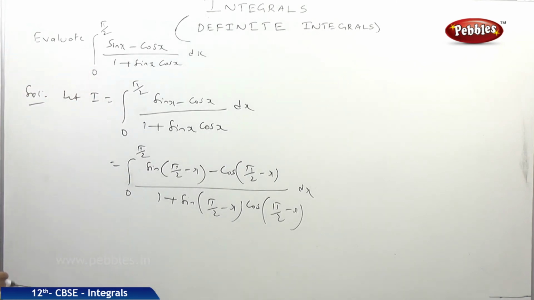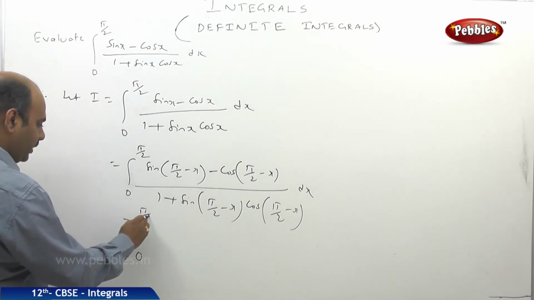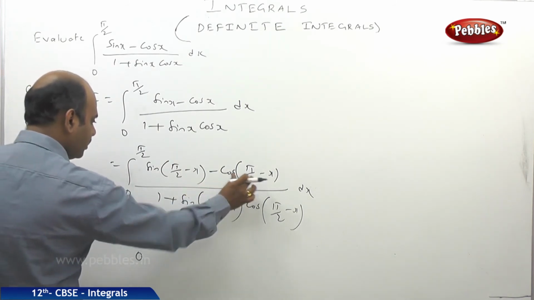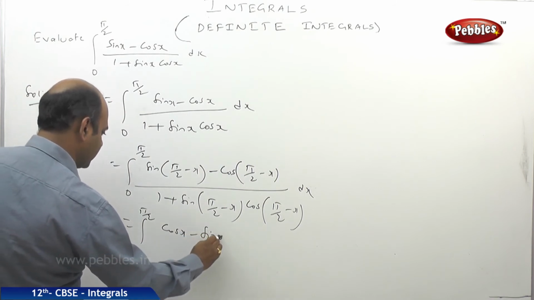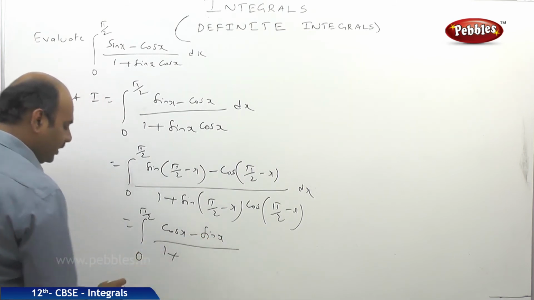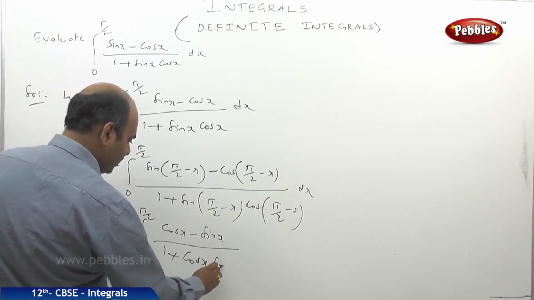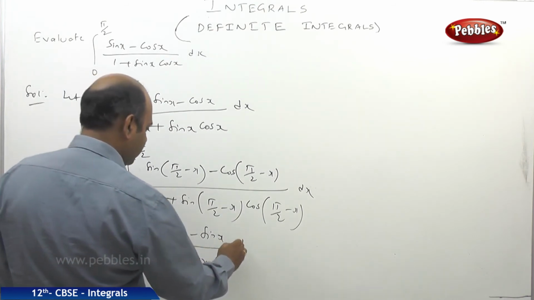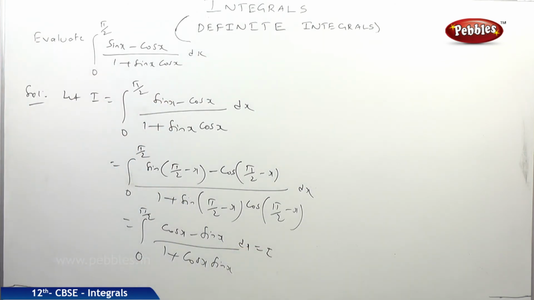So finally, if you observe carefully, what happens? Integral from 0 to pi by 2, this becomes cos x, this becomes sin x. So cos x minus sin x divided by 1 plus cos x, and this becomes sin x dx, and this is I. So what happens? I plus I.